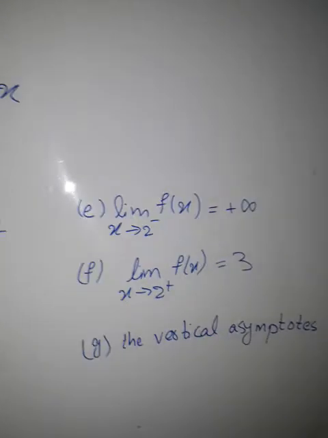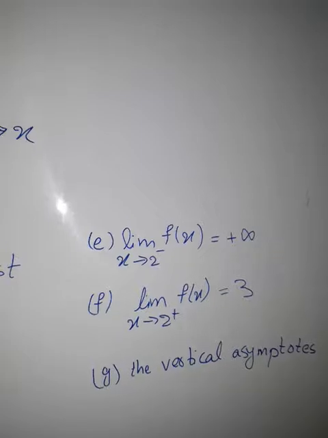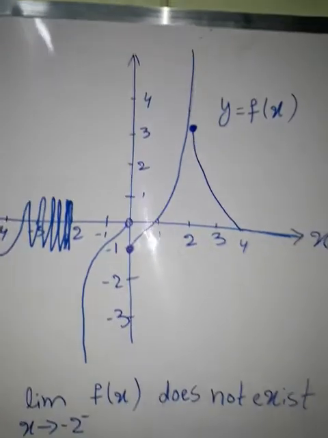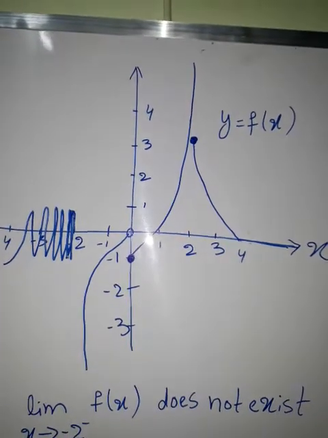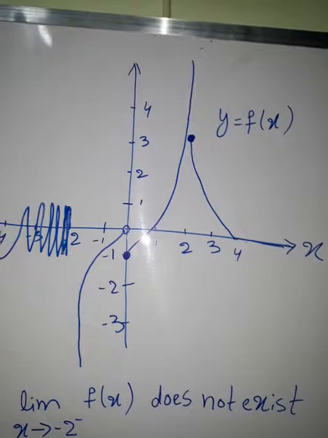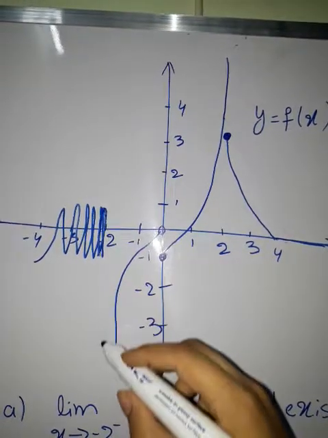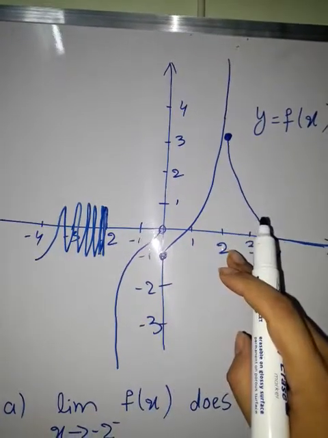Next part, the vertical asymptotes. The vertical asymptotes are vertical lines at which the curve is either decreasing without bound or increasing without bound, right? So here are two vertical lines, x equal to -2 and x equal to 2.